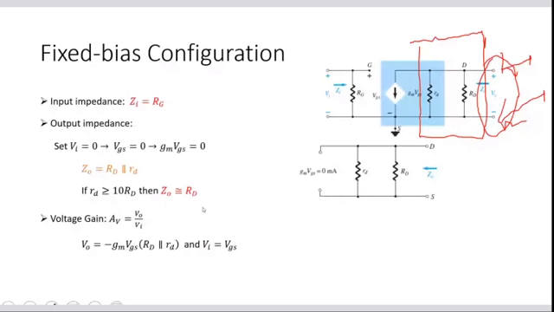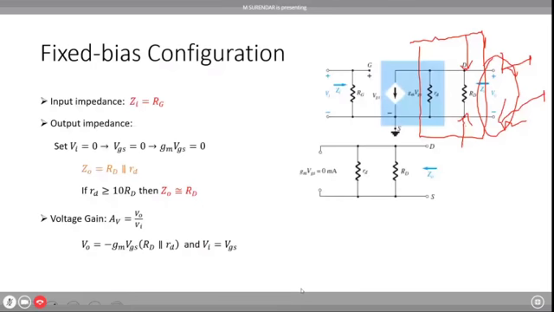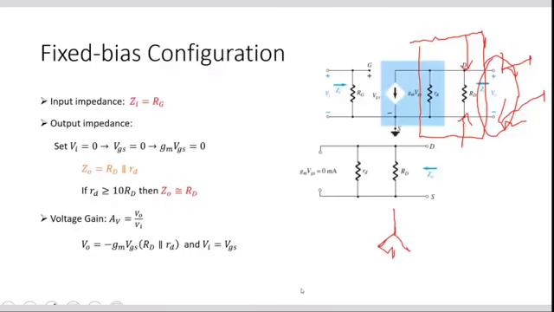The effective resistance is small rd parallel with capital RD, and the current through this circuit is, if I convert this circuit, I will have only the current source and one resistor, that is rd parallel with RD.